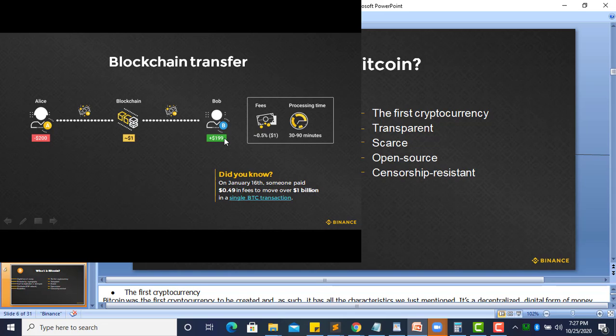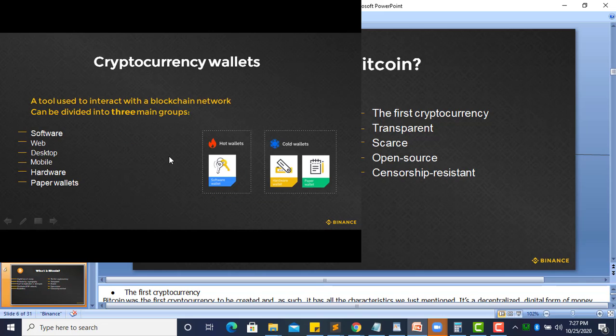Hope you are seeing the difference. The percentage fee charged by blockchain is 0.5%, which is $1. And Bob will get that money in the US within 30 to 90 minutes, same day. So that is the advantage of using blockchain technology.